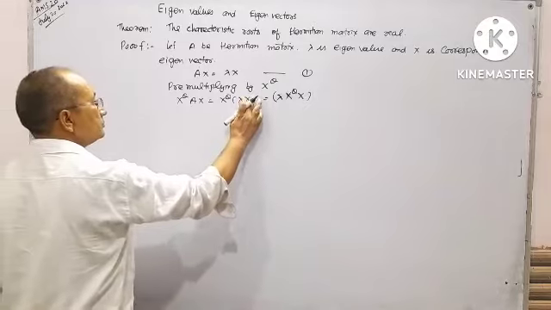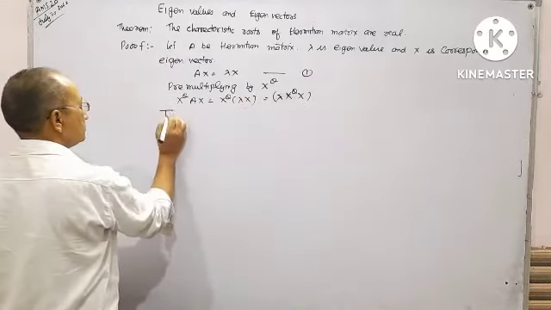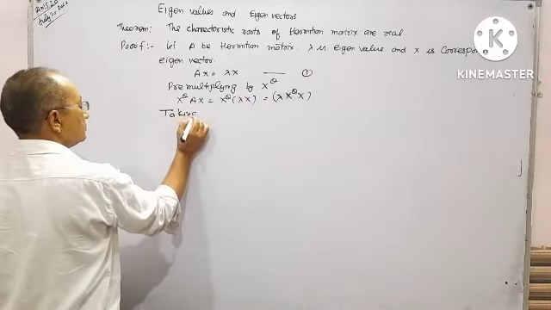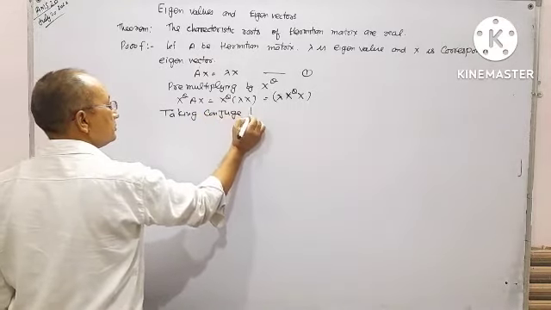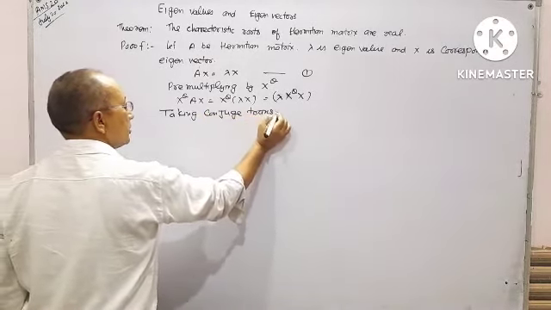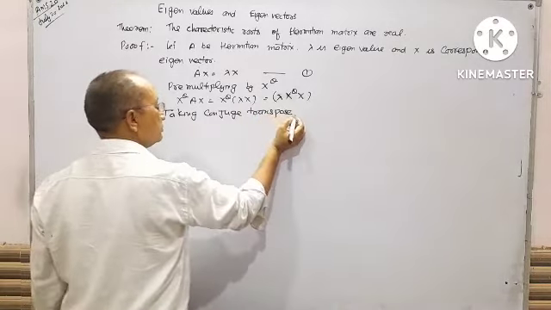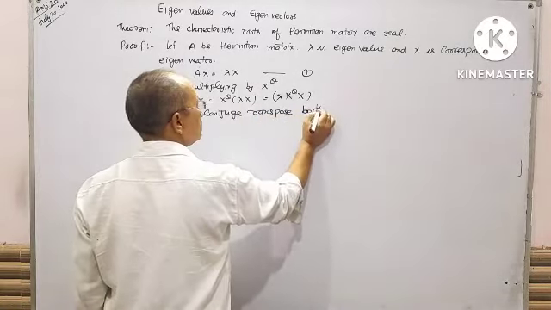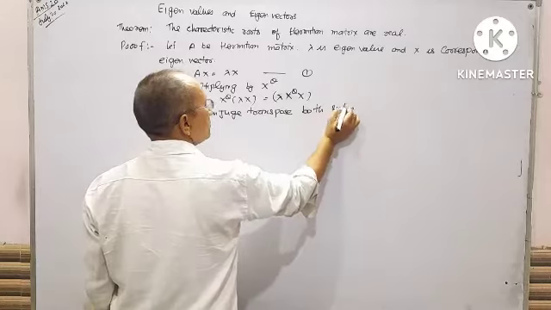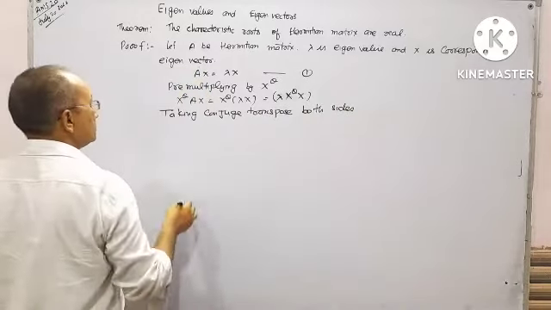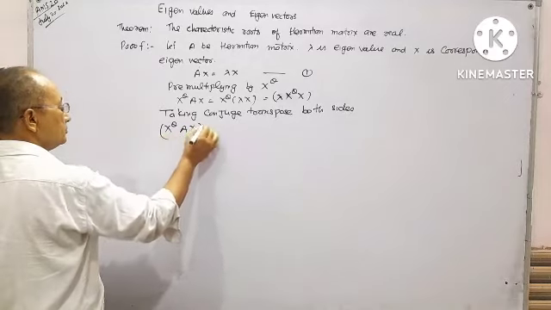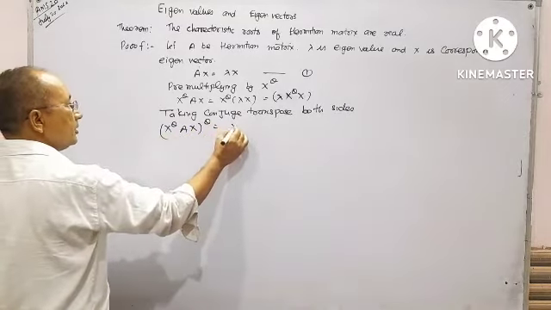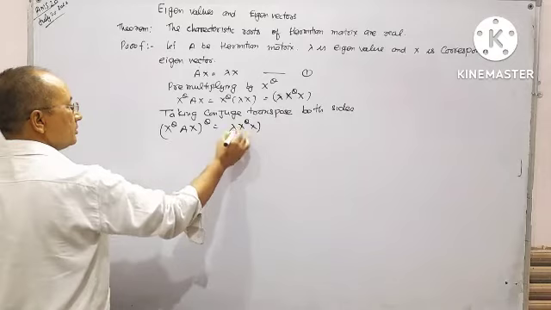Taking conjugate transpose both sides, x theta A theta x equals lambda conjugate x theta x.